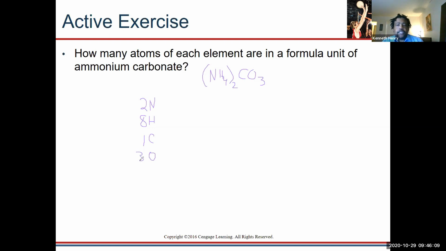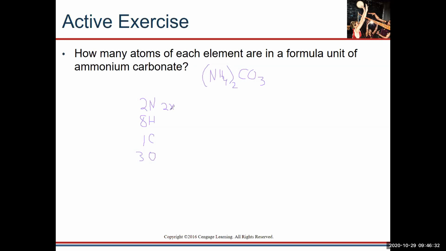Now, if we wanted to calculate the weight, we would use the atomic mass of each one and add it all together. So for instance, we have 2 nitrogens. What is the atomic mass for nitrogen? 14.007.